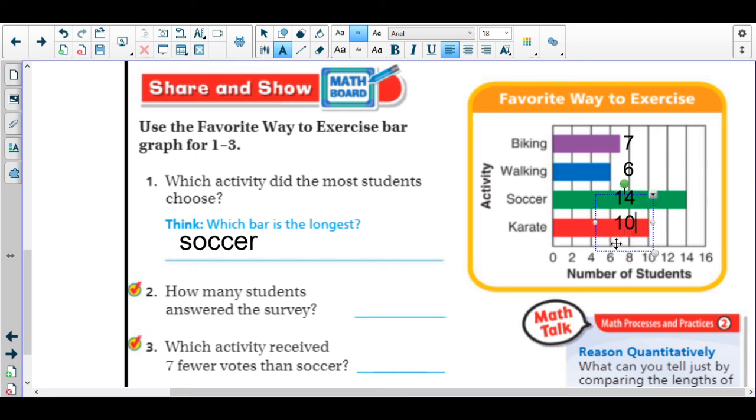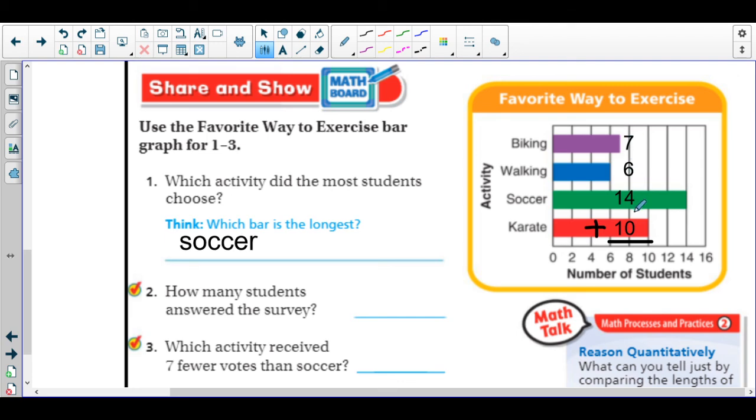Now, just listing these is not going to give us the right answer. What we have to figure out is how many total took the survey. So what we have to do is add up the total number of people that responded. And then we would know the total number here.